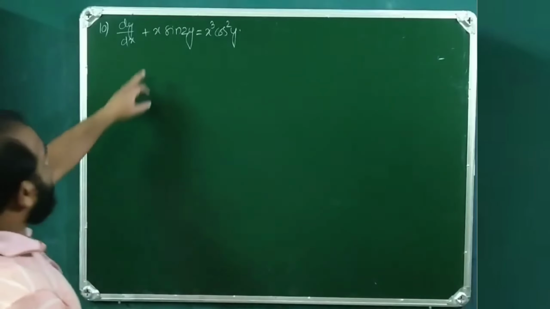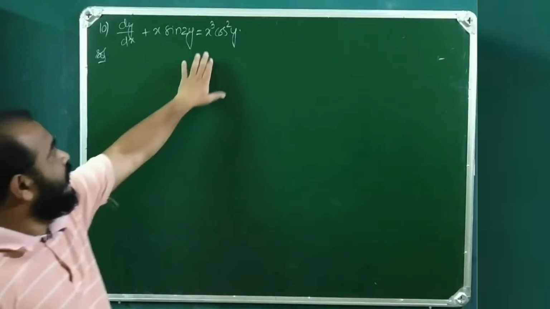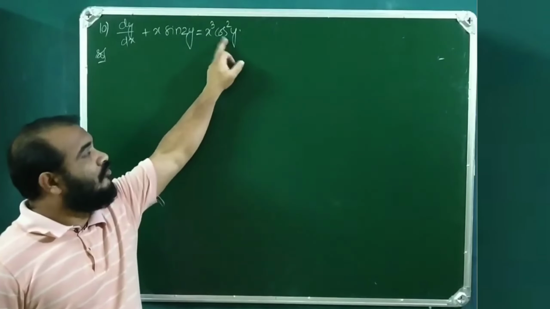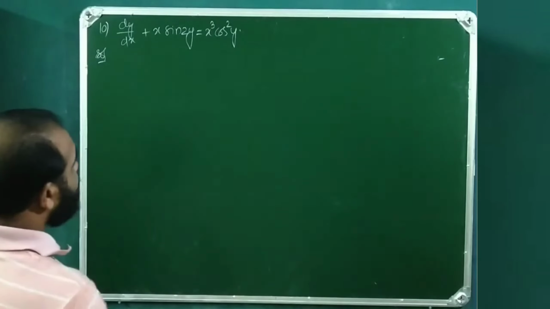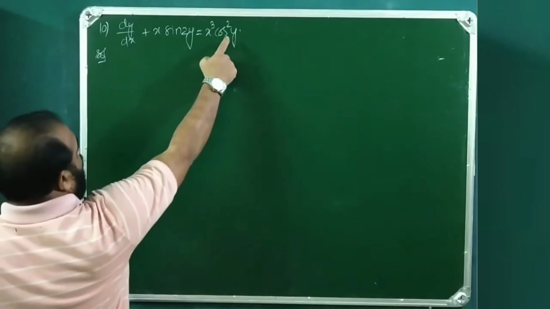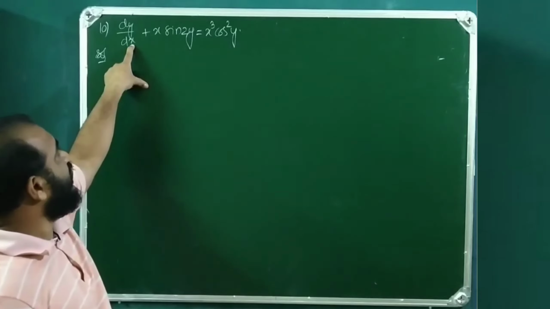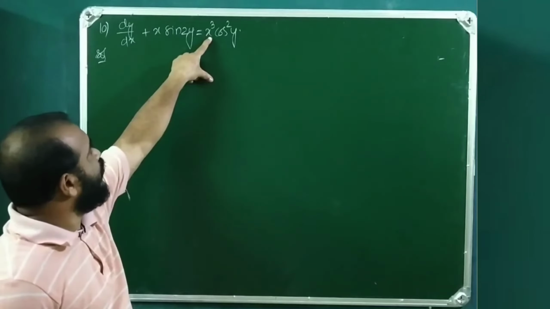dy by dx plus x sin 2y equals x cube cos square y. So here you may see this is a combination of a function of x and a function of y. X is the independent variable. Therefore here this is p and this is q.